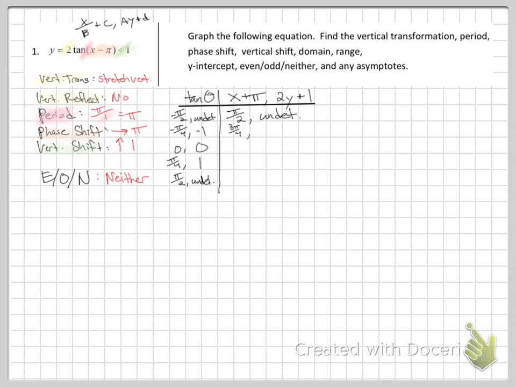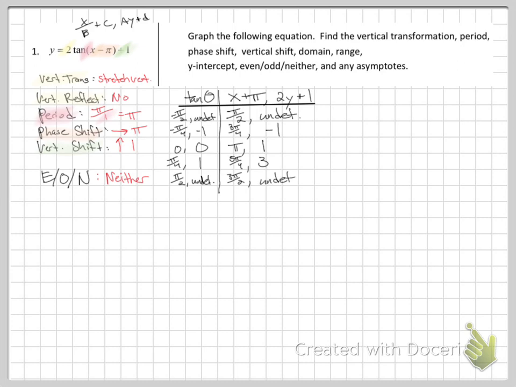Negative 1 times 2 plus 1 is negative 1. 0 plus pi. 0 times 2 plus 1. 1/4 plus 4/4 is 5/4. 2 plus 1 is 3. 1/2 plus 2/2 is 3/2. Undefined with any math is undefined.